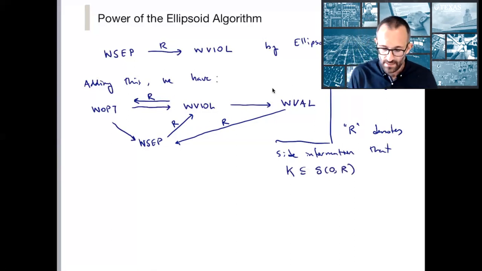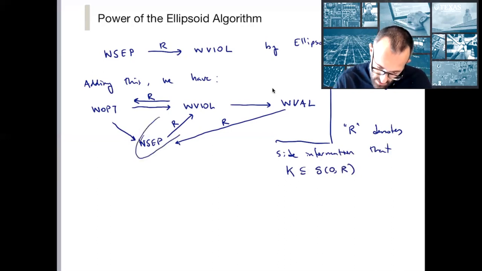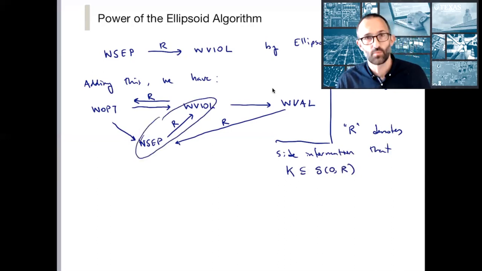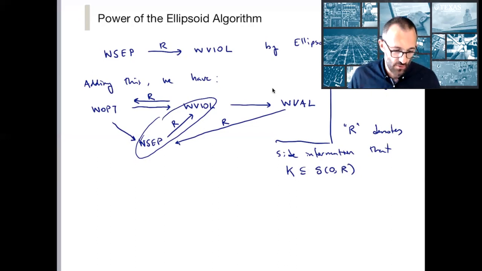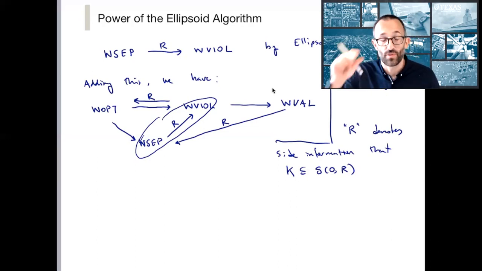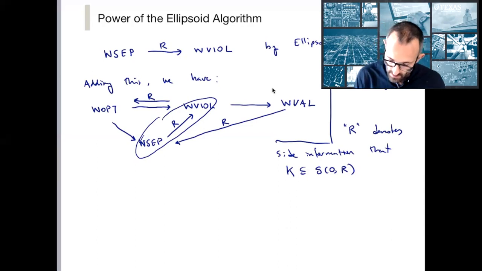I want to tell you the idea of this arrow here, because this is important, and it's basically the key part that will tie everything together. Now we know that everything is equivalent. These 4 weak problems are now all equivalent, certainly if we have this side information.